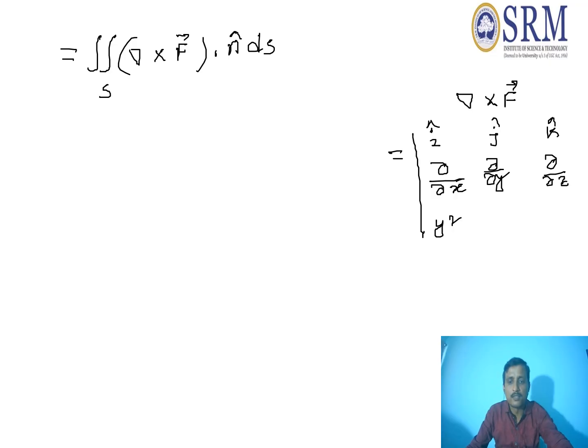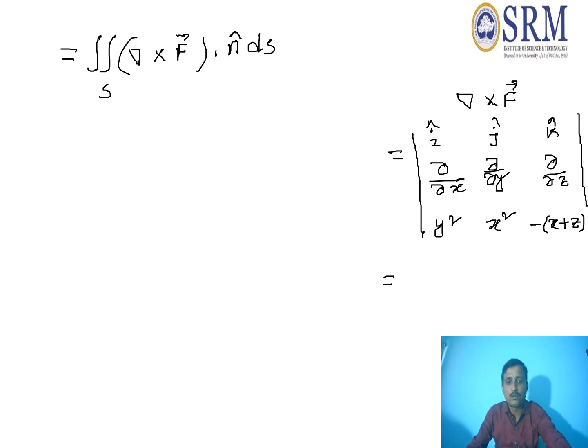And here the coefficient of i is y square, the coefficient of j is x square, and the coefficient of k is given as minus x plus z, as given in the problem. It is the determinant of this.